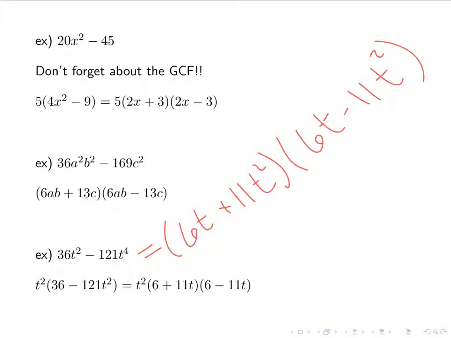But then you should always look and ask yourself, am I done? And say, well, there's a GCF here, they both have a t, and there's a GCF here, they both have a t. So if I pull out a t from each of them, I will get back what I had over here. It's usually faster to look for the GCF first before you do anything else. So always try to look for the GCF first. But if you don't, remember to at least look for it later on.